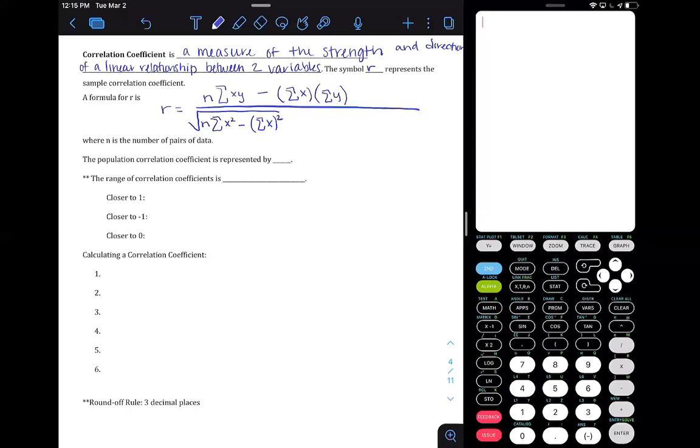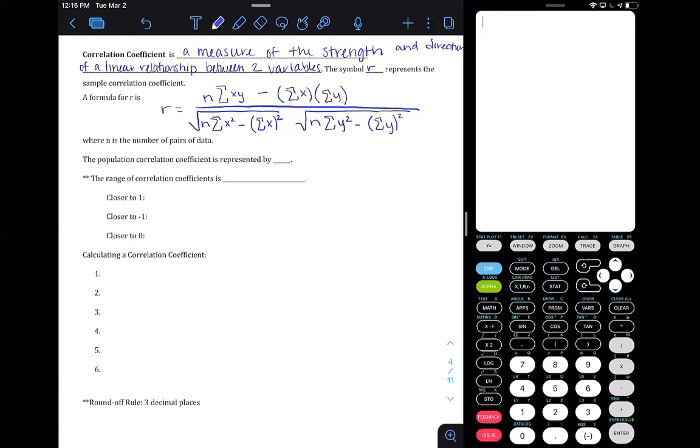Then we write the same thing with y's: the square root of n times the summation of y squared minus the summation of y quantity squared. It looks really ugly, but we're going to simplify it, where n is the number of pairs of data.